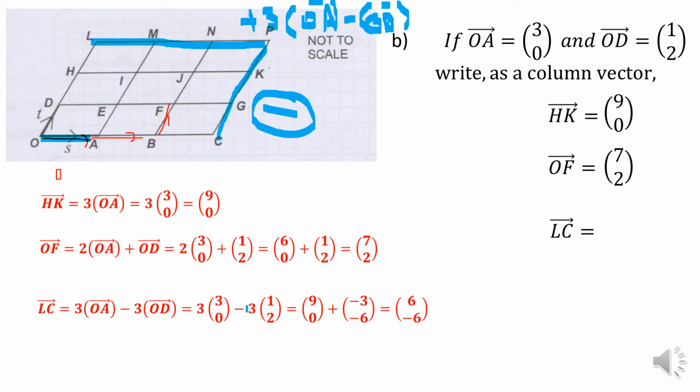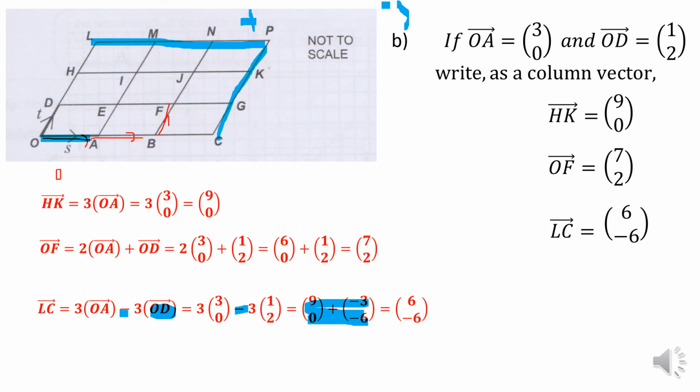And that is why you see I have a -3 here, or -3 against whatever OD is. And when you work it out, you eventually end up with this here, leaving you with 6, -6. So you can pause the video there, and have a look and see what it is that I have done when I had to find those particulars.